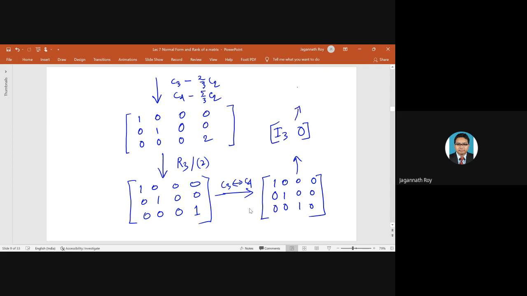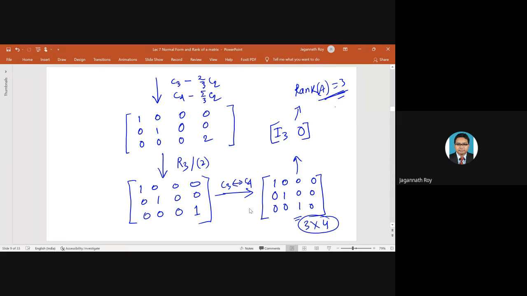Hence, the rank of the given matrix A is 3. So the application of normal form is to find out the rank of a matrix. Why is the rank 3? This is a 3 by 4 matrix, so its rank can be a maximum of 3.